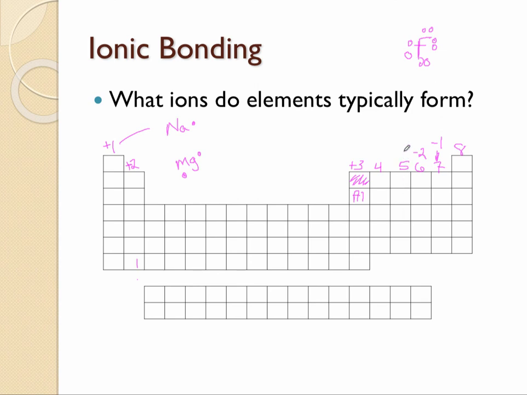Group 5 usually gains 3 electrons to complete the octet to form a -3 ion. These elements typically share. Remember, these elements in that 8th group are already stable. They don't tend to react. Because they are already stable, they don't need to react to gain stability.